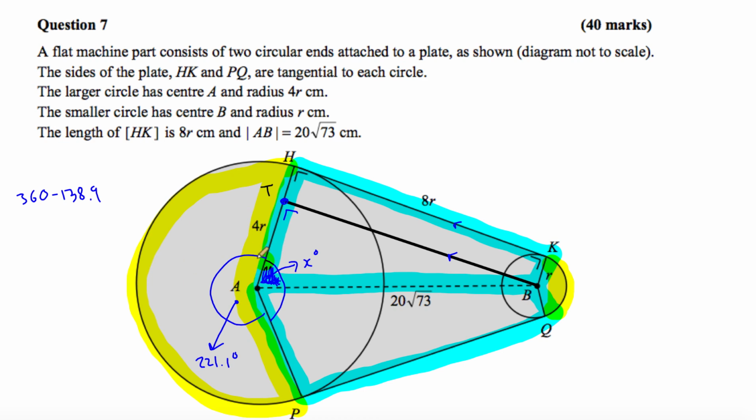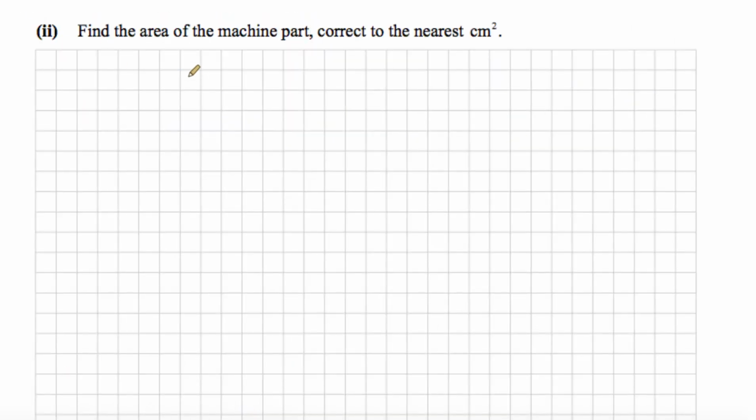For this sector here, I can use the formula for the area of a circle, pi r squared, but it's not going to be a full circle. It's going to be 221.1 degrees out of 360. So I'm going to have the two 8,000s, that's for the two quadrilaterals, 2 by 8,000.